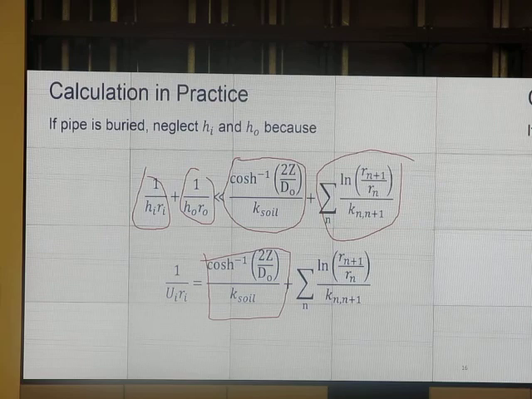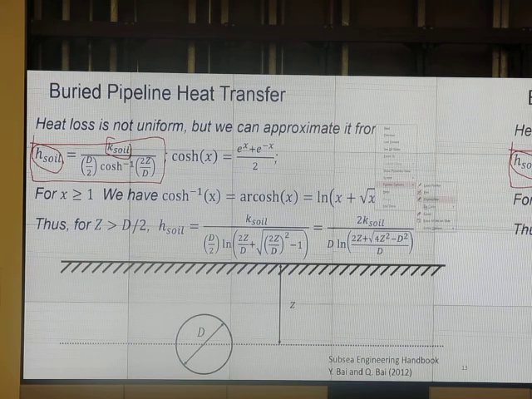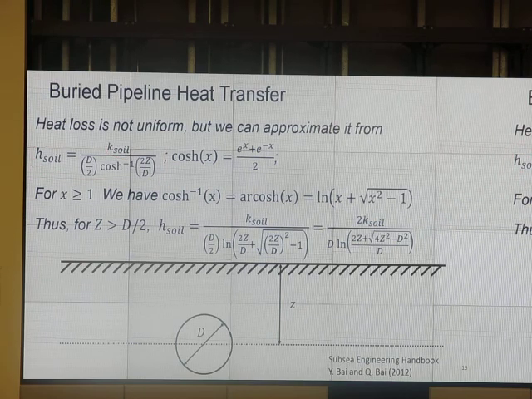How do I know the thermal conductivity of soil? It's from the table, and it depends on how much water content. Let's take a look at the formula first. The formula says H soil is K soil over blah blah blah, or something, COSH. Daniel, what is COSH? Does your calculator have that? It could be in the exam, you know, maybe next year. So there's a hyperbolic cosine.